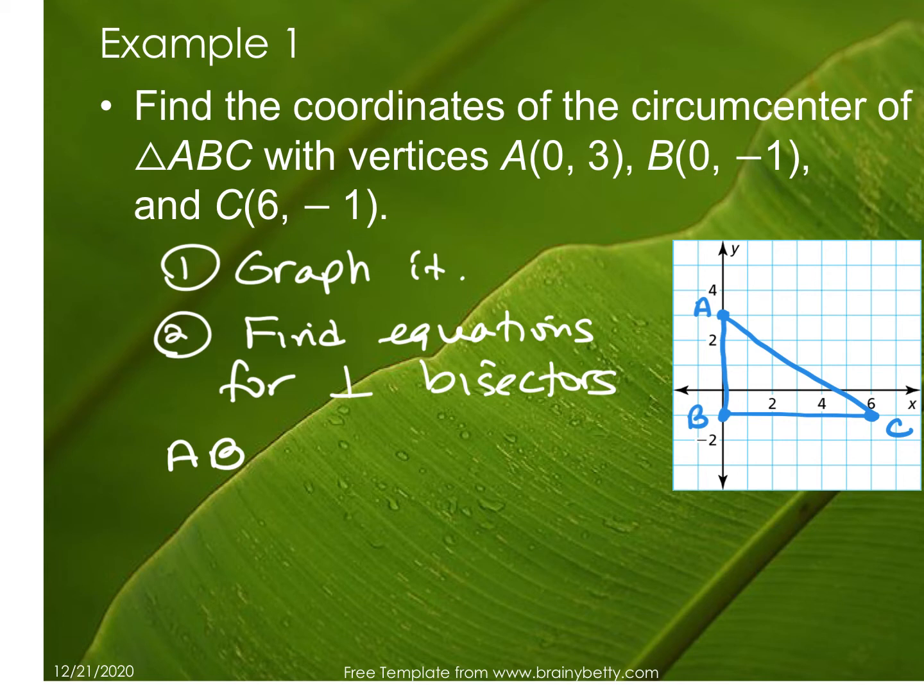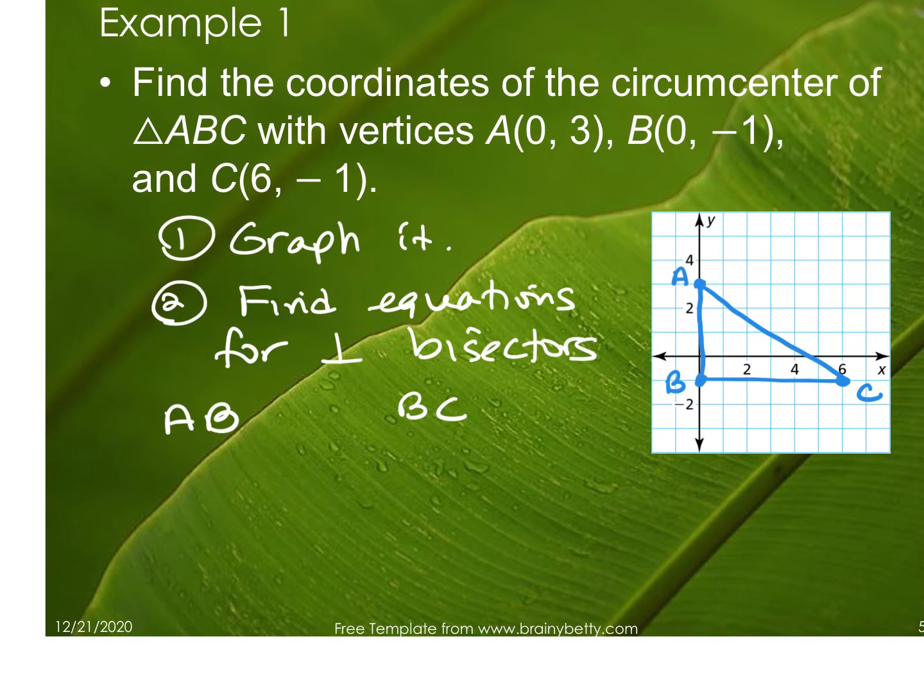Now, when I'm doing a right triangle like this, I'm only going to find the midpoint of AB and BC. Once I find the perpendicular bisectors for those, it's going to be a lot easier to find the equation of the line when it's a vertical or horizontal line. I could find the midpoint of AC as well, but as soon as I fill in two of the perpendicular bisectors, the point of concurrency of that third perpendicular bisector is going to be the same spot.